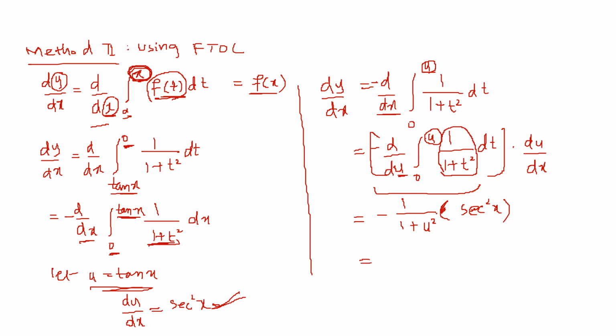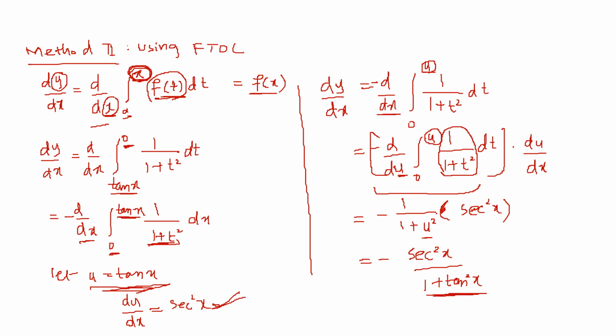Since we substituted u, we need to substitute back to get the answer in the original variable, that is, in terms of x. So we have secant square x divided by 1 plus u, where u is tangent of x, so this becomes 1 plus tangent square x.